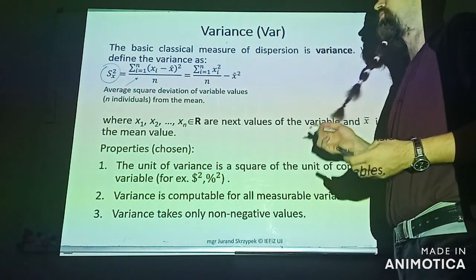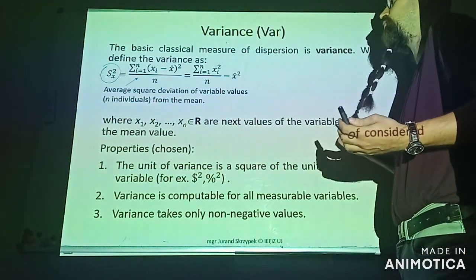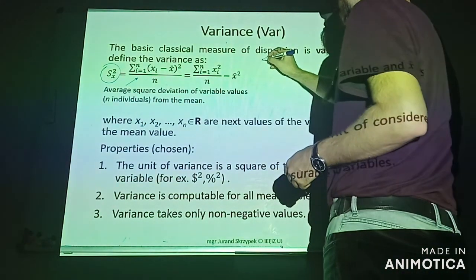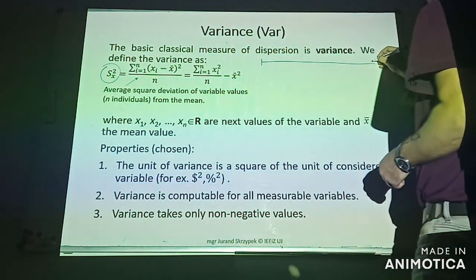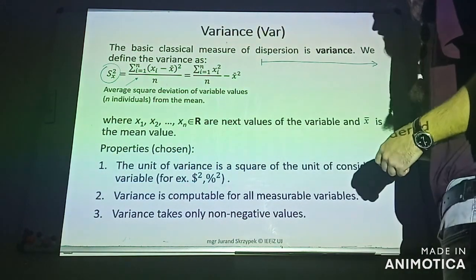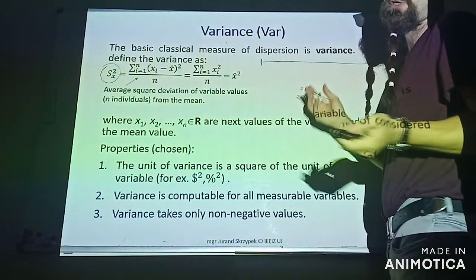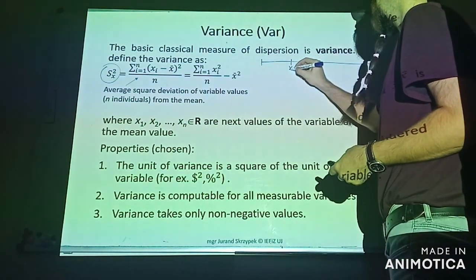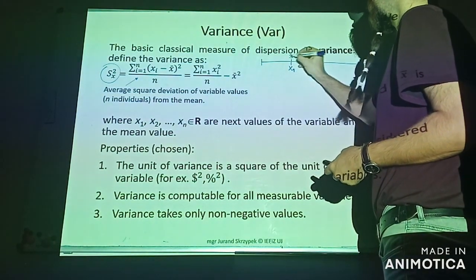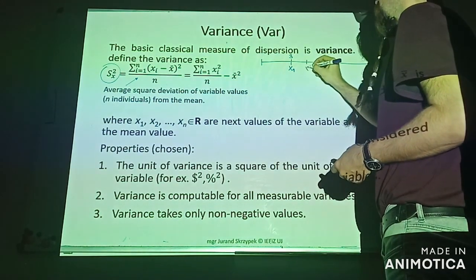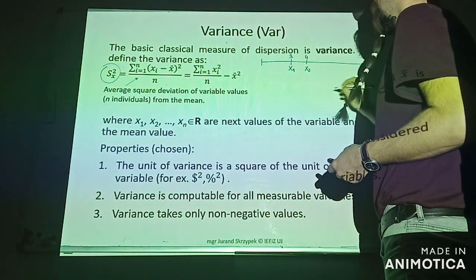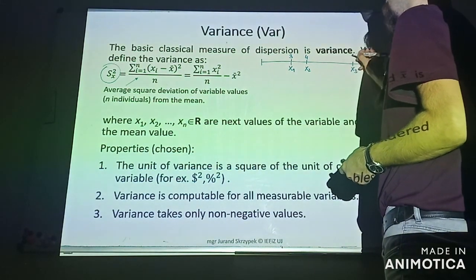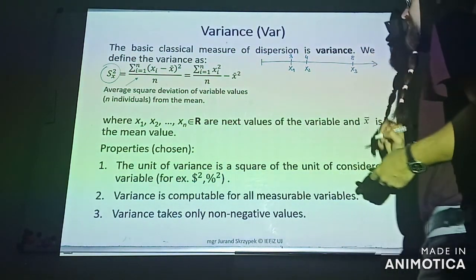Let's imagine this simple example, the visualization of the problem. Let's imagine this simple statistical series in which we have 3 observations, x1 equal to 3, x2 equal to 4, and for example x3 equal to 8.